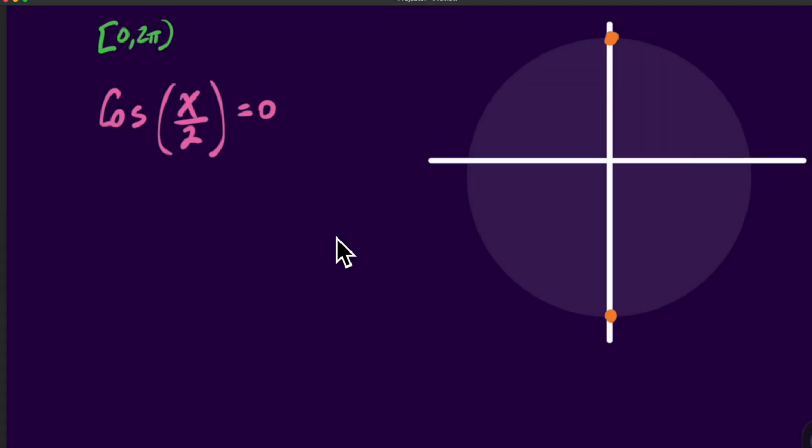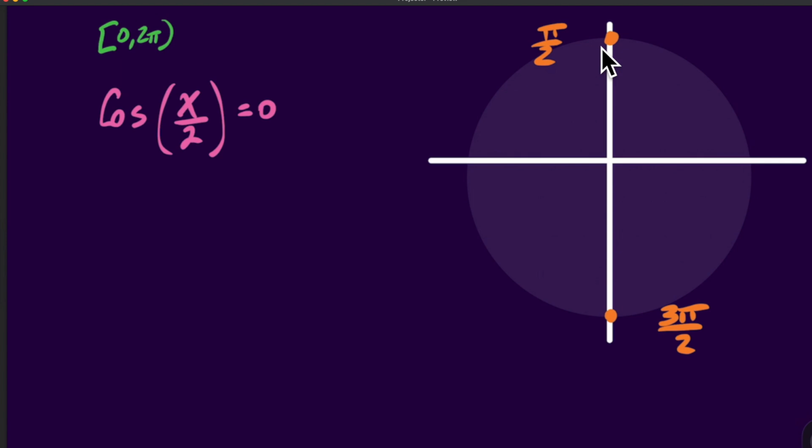Let's now look at a similar problem, namely cosine of x over 2 equals 0, again with the solutions limited to this interval. So the x values are limited from 0 to 2 pi. Folks, we know that this argument has to land on pi over 2 or 3 pi over 2.